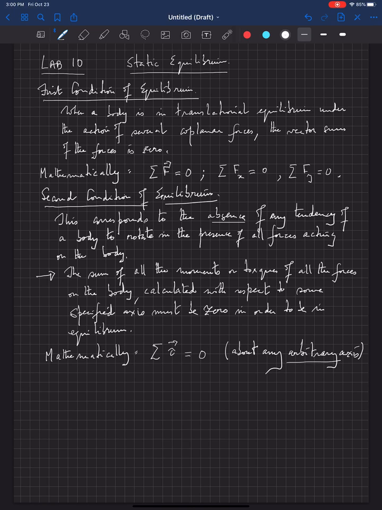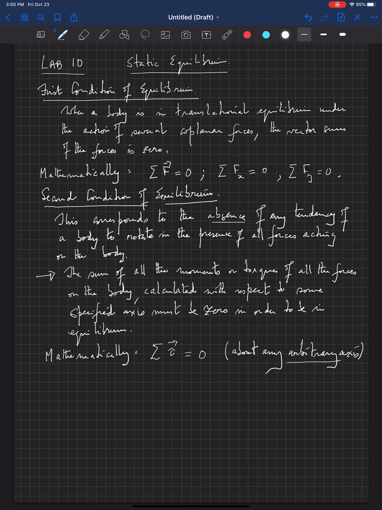The word arbitrary is important there. Okay? And torque is a vector. All right. Now you guys may not be discussing the vector aspects of torque, but it's a vector, and we won't be talking about torque as a vector either. All right. So let's make sure we all understand what we mean by torque.